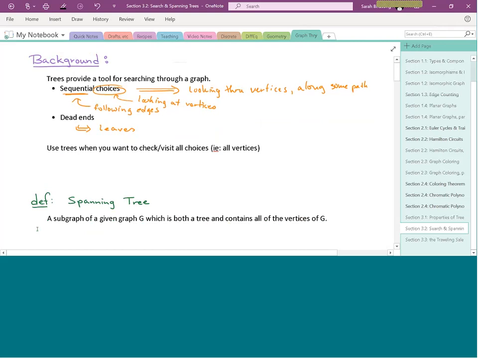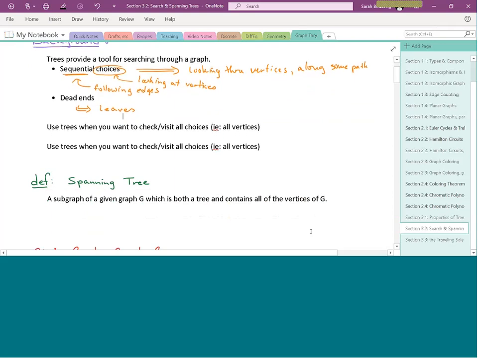Which is exactly this definition of a spanning tree. It has to be a tree and contains all of the vertices. One of the ways that you get a spanning tree from the original graph is you keep removing edges until you don't have any more circuits. Because remember, one of the definitions of a tree is you have no circuits. Okay.